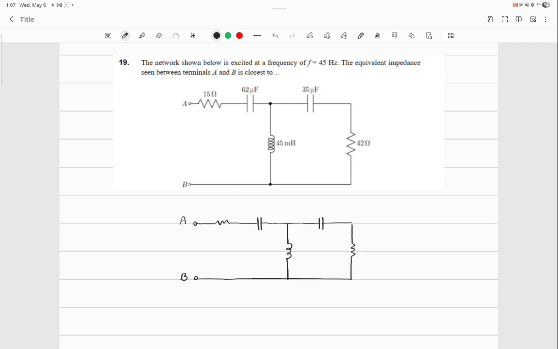Yeah. What is the, not the resistor, what is the impedance of the capacitor 62 microfarad? Okay, give me the final value. Remember, negative j over omega c, but I'm interested in the value.